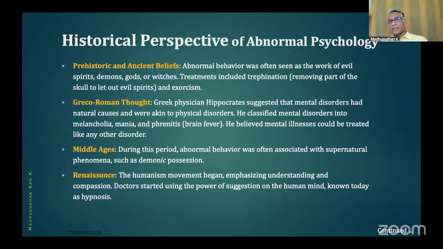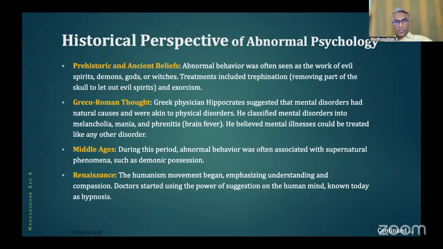He believed mental illness could be treated like any other disorder. So that was a very important period where he assessed mental disorders based on these criteria, and now you know that it can be treated like any other disorder.